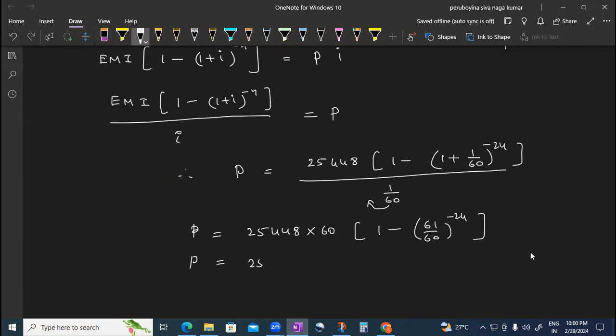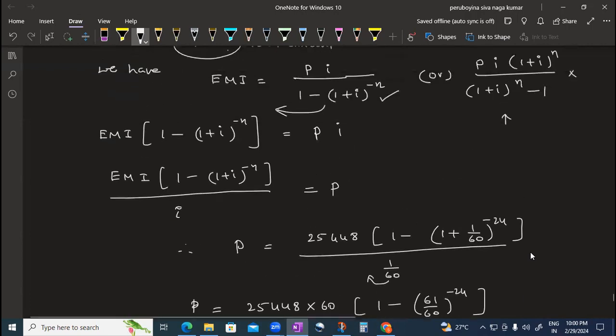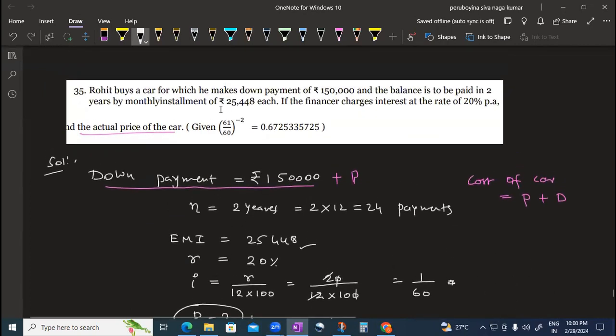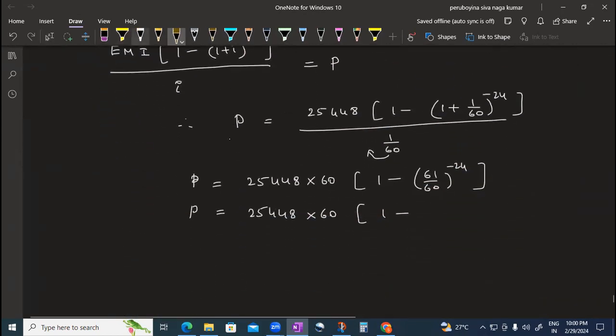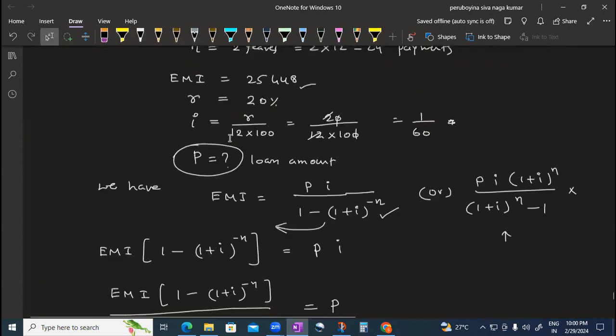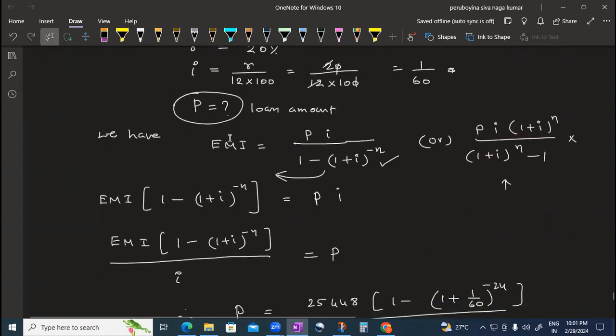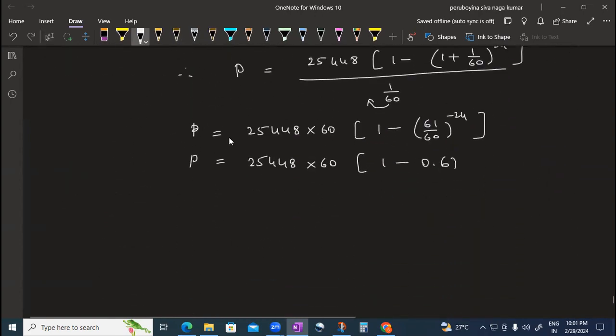Now P is equal to 5448 into 60 into 1 minus, and we will do this calculation separately. That is better, otherwise we have too many steps. This (61 by 60) whole power minus 24 value is 0.6725. Four decimals are enough.